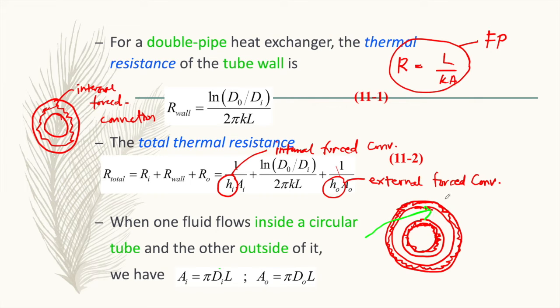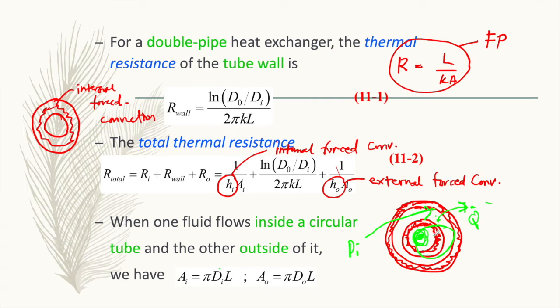So do not choose this diameter, because we are not calculating the diameter at the outer surface of the outer tube. The outer tube is not in our calculation because we are not calculating the heat transfer from the cold fluid to the outside. If we were dealing with that rate of heat transfer, then Di would be here. But now we are focusing on the heat transfer between the hot fluid inside the internal tube and the annular space.